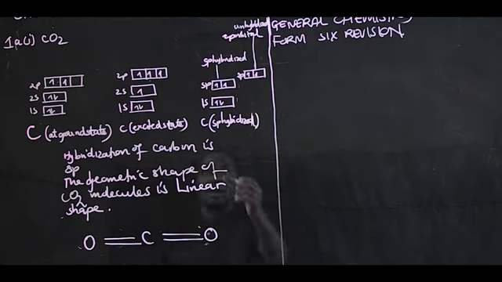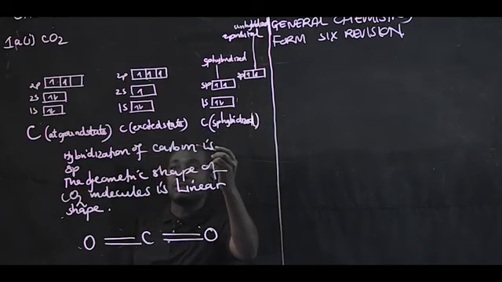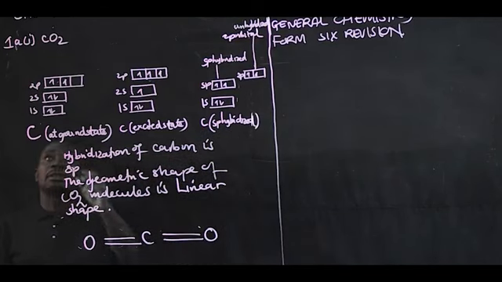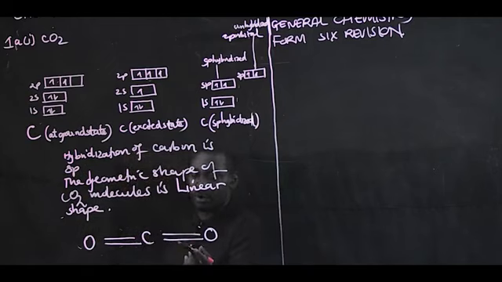The hybridization of carbon enables us to determine the geometrical shape of the molecule of carbon dioxide. Since the carbon dioxide molecule has sp hybridization, the geometrical shape of carbon dioxide should be linear. Why should it be linear? The carbon atom has 4 pairs of electrons involved in the formation of 2 double bonds.